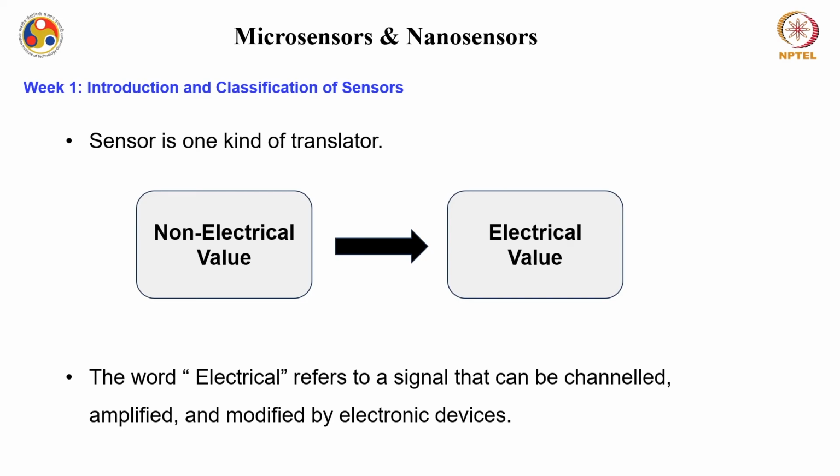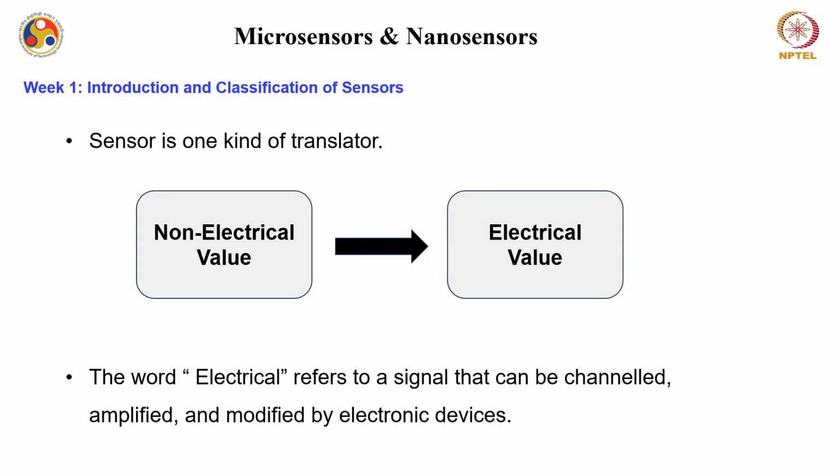So if you remember, this course was divided into 12 different weeks, and each week was dedicated to a module. In the first module, or week 1, we talked about different classifications of sensors after we introduced the sensor.